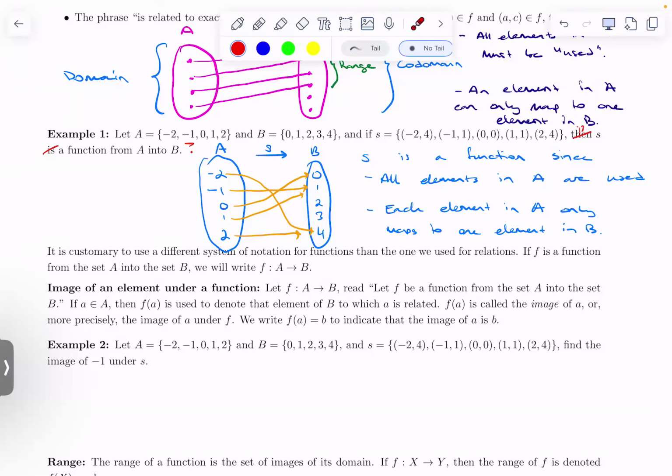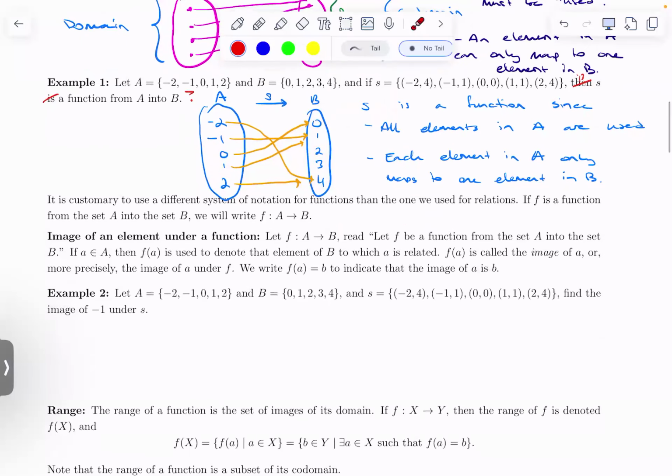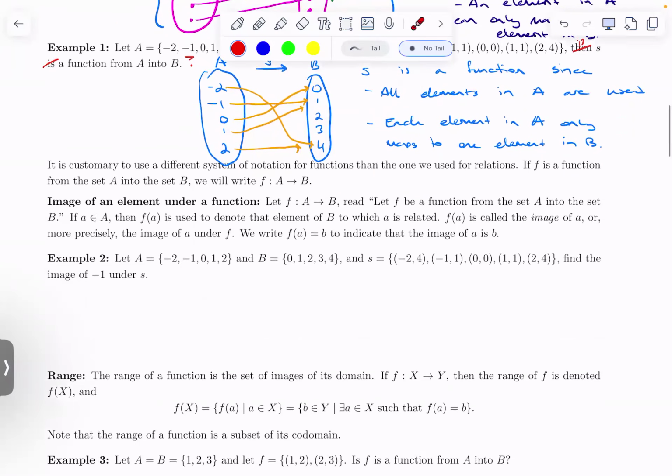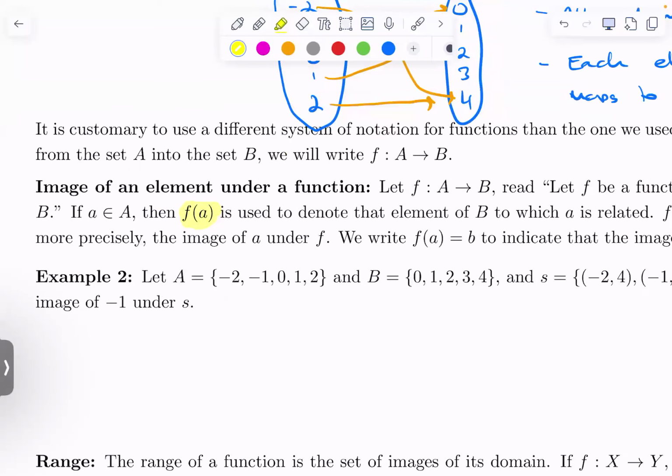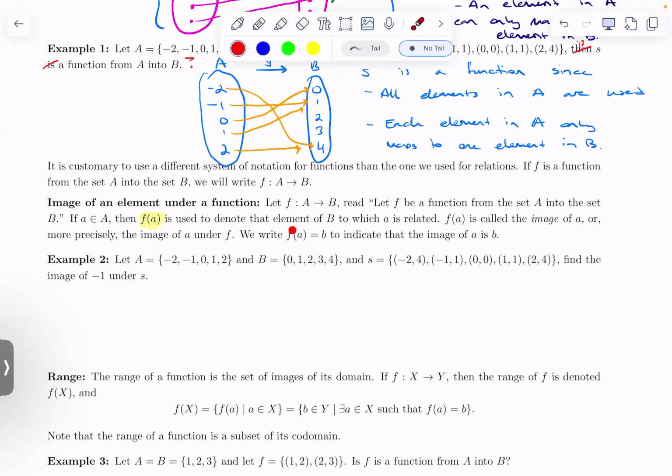So the image of an element is all the outputs. If f is a function from the set A into the set B, and a is an element in A, then f(a), which is the first time we're officially seeing this function notation, is used to denote the element of B that a went to or maps to or is an image of.